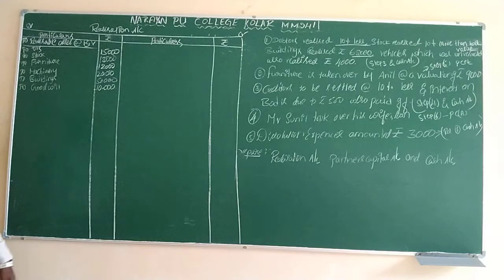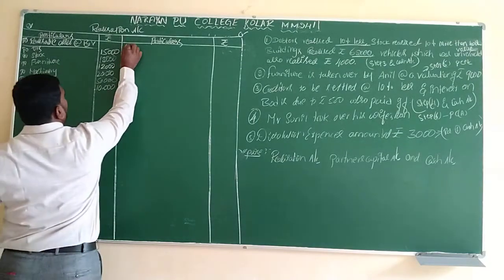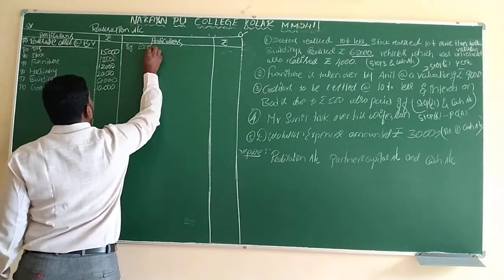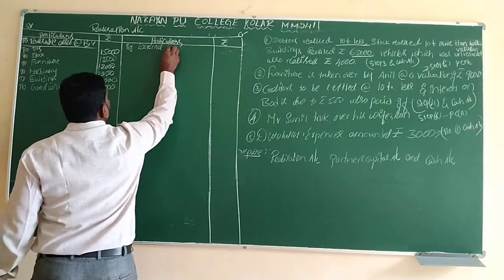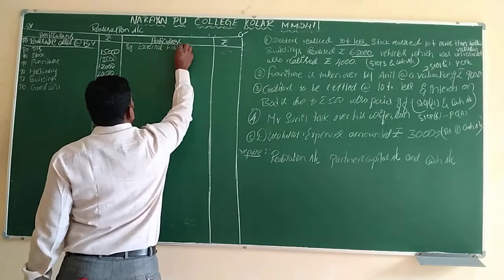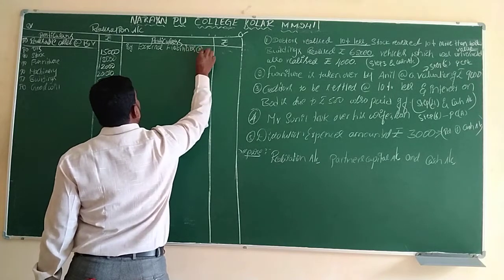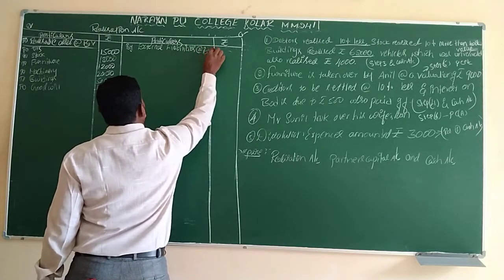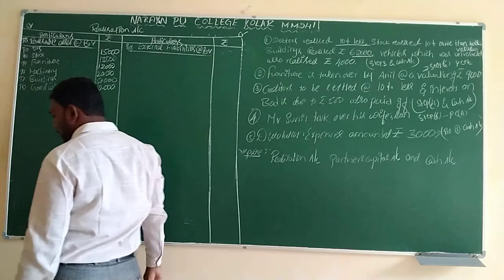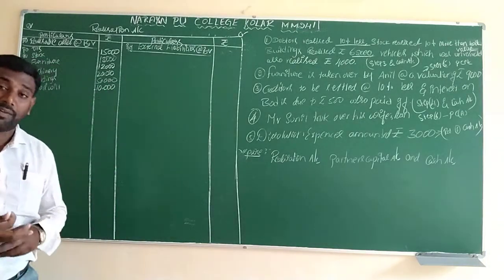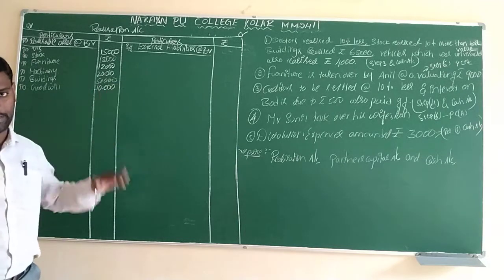Okay, let's move to step number 2. Step number 2 always comes to the credit side only. We will write by external liabilities at book value. Whatever value is given in the balance sheet under the liability side, we have to classify those liabilities and transfer them here.